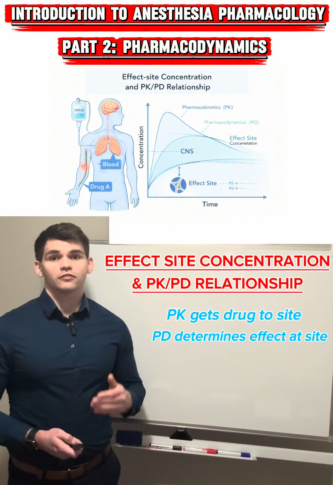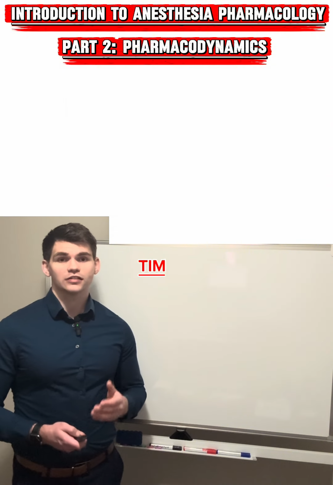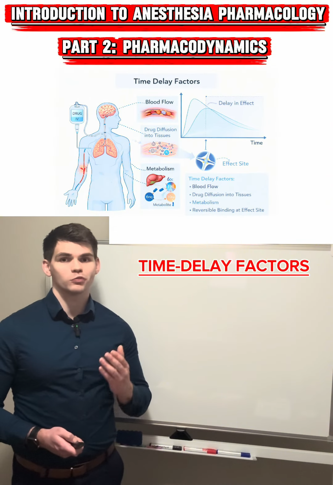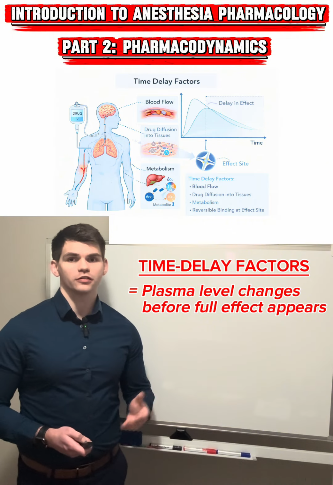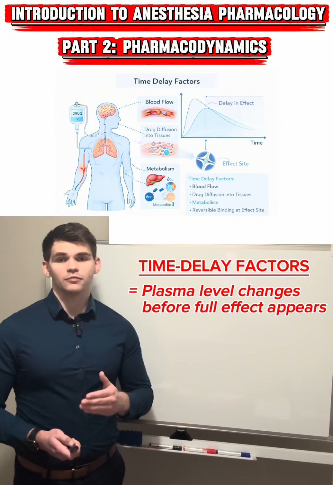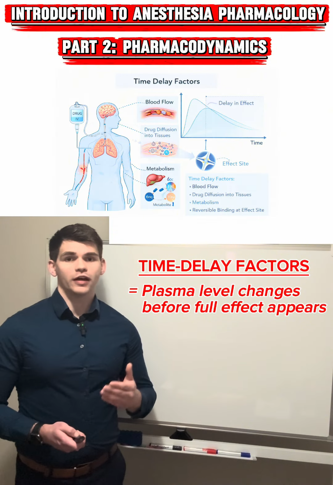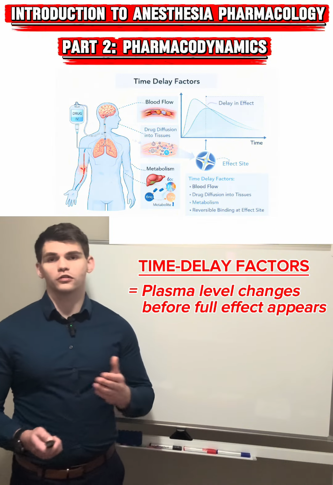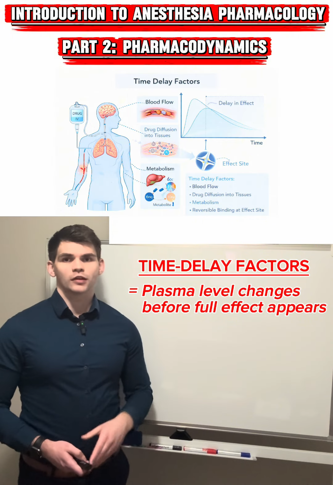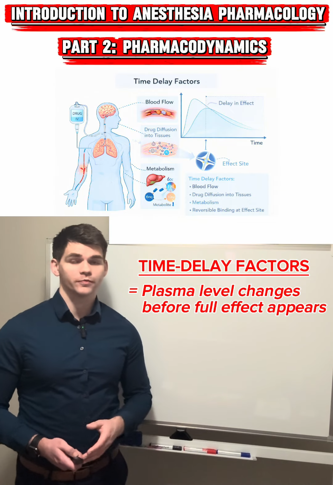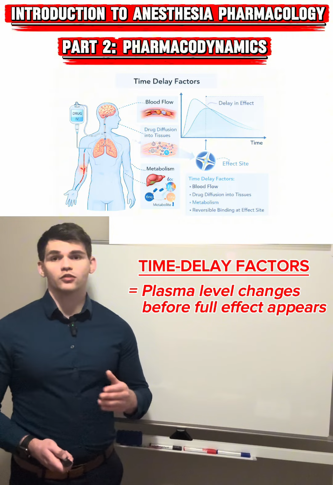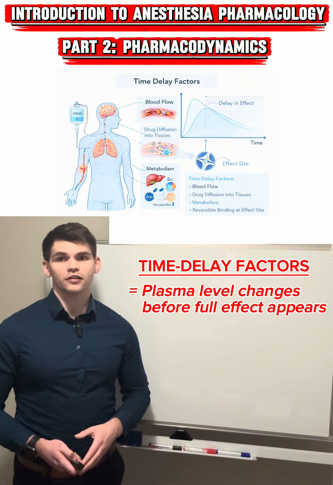One of the most clinically important ideas in anesthesia is that there can be a time delay between the drug being in the bloodstream and the full clinical effect appearing. So there is a time delay as plasma levels change before the full effect appears. That delay happens because the drug still has to distribute, cross barriers, and reach the receptors at the effect site.